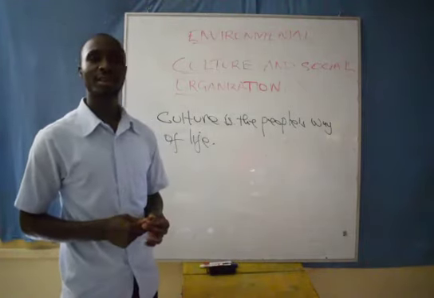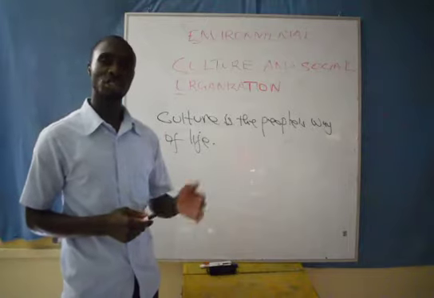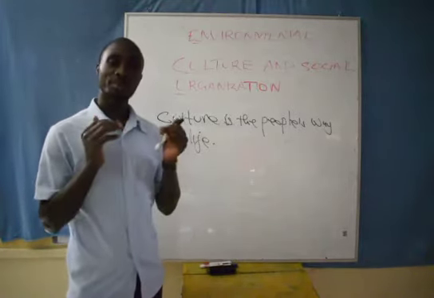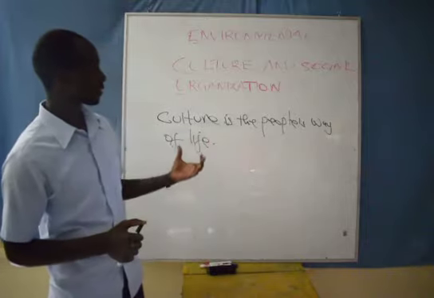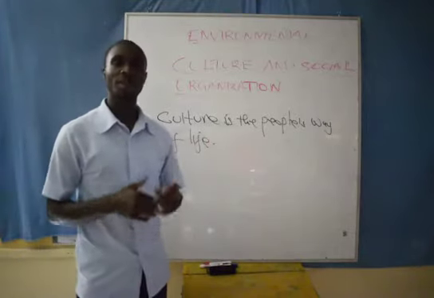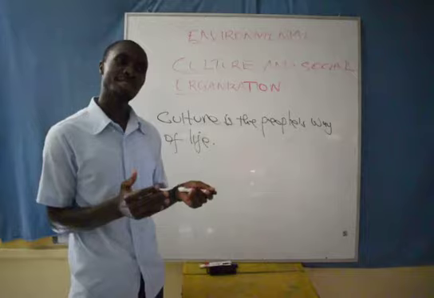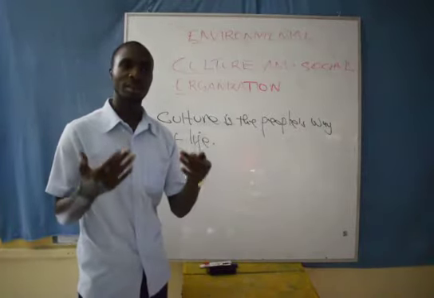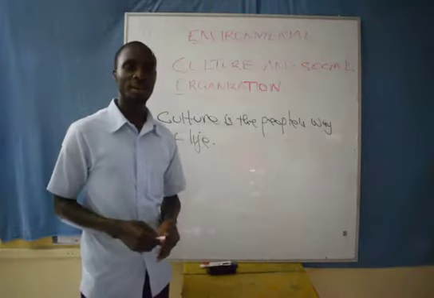Others also still take traditional foods. Others also practice what we call circumcision and so many other things. So that explains what culture is. It's all about doing the things the traditional way and how these things affect the communities even nowadays.